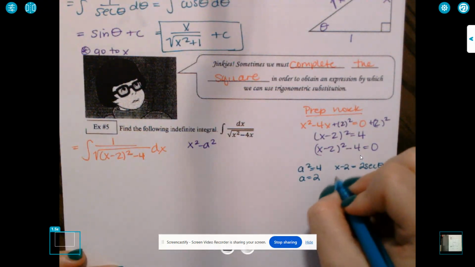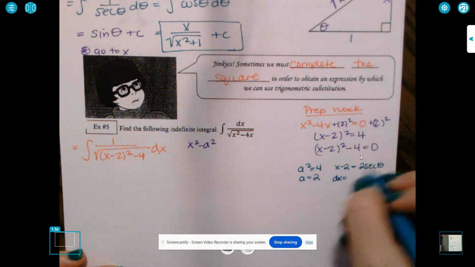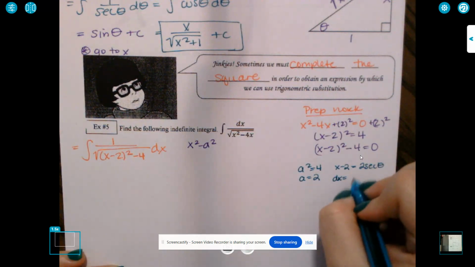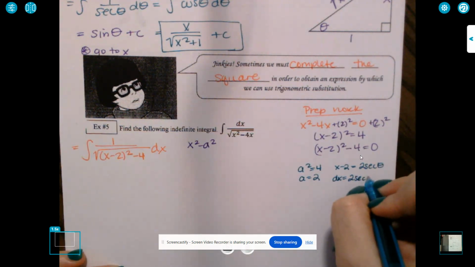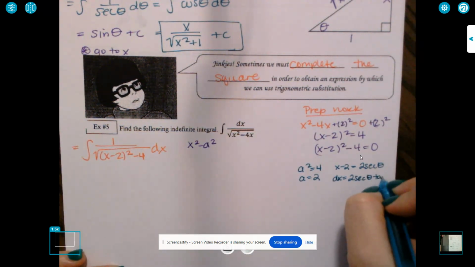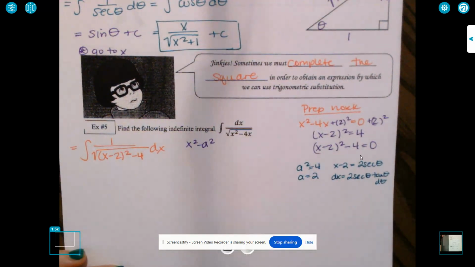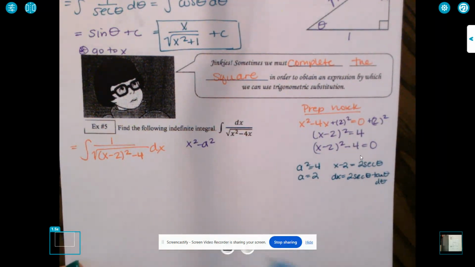Then if we take the derivative of this, dx is going to be, so the derivative of this side is just dx, and then it's just going to be 2 secant theta tangent theta d theta. Again, we can go through all the math that gets what this is going to be, down to what it simplifies to.